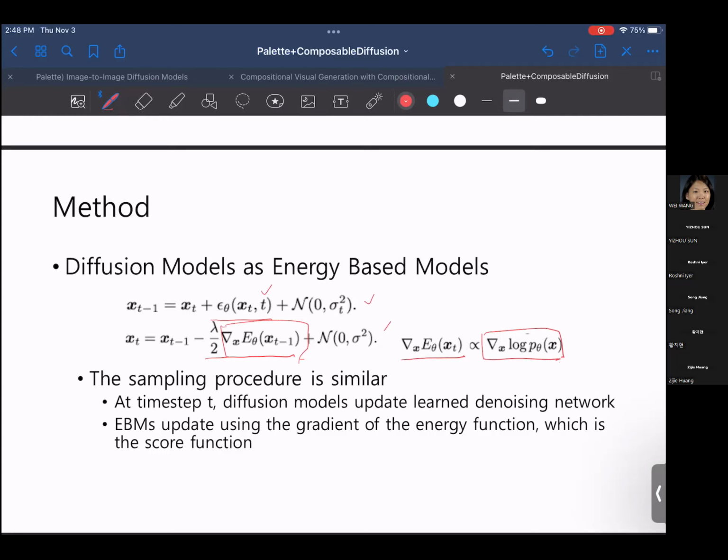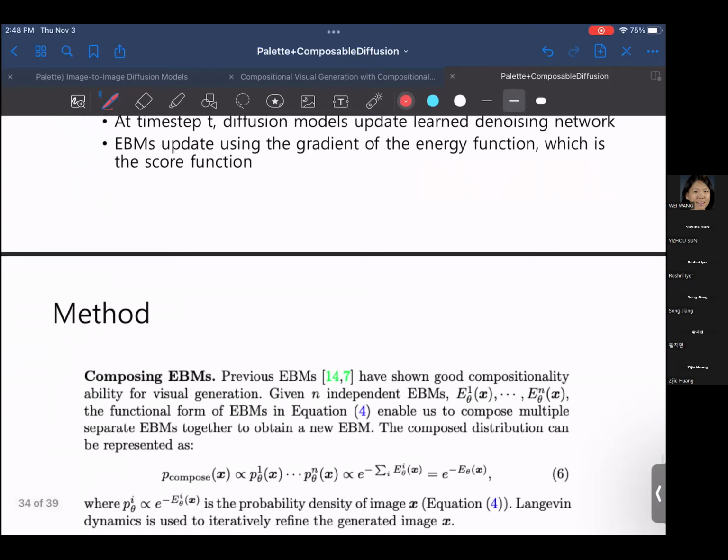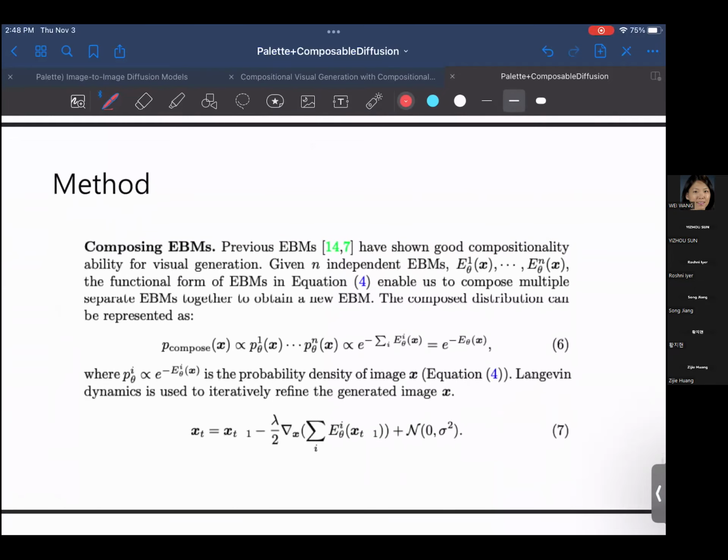Because these two are proportional, when we optimize this equation, we are also optimizing this equation. And because the remaining parts are the same, without further derivation, they can easily move between diffusion models and energy-based models in terms of equations.